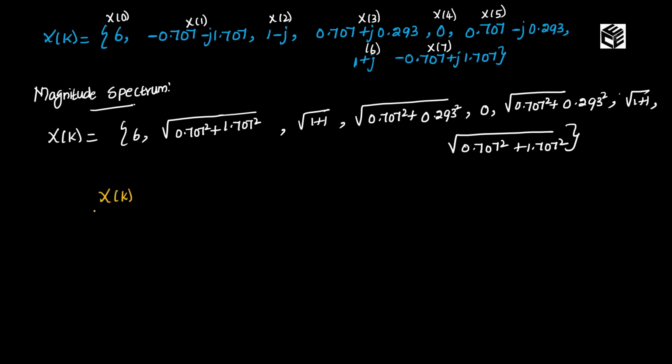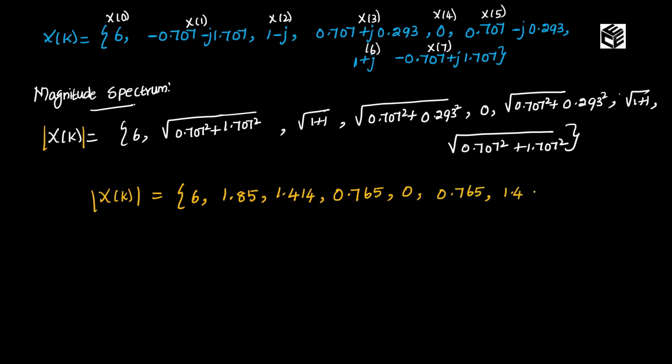Modulus of x of k is equal to 6 comma 1.85 comma 1.414 comma 0.765 comma 0 comma 0.765 comma 1.414 comma 1.85. This is the magnitude value.